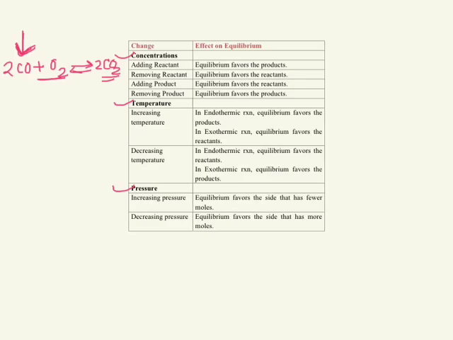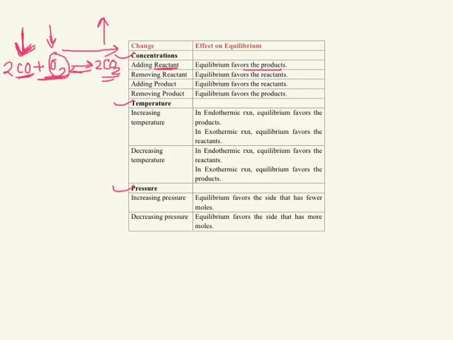So can we say that on adding the reactant, equilibrium favors the product, means you start making the product? How is adding more reactant going to affect the concentration of oxygen? Since you are adding more CO and it has started reacting with oxygen, the concentration of oxygen will decrease while the concentration of CO2 will increase.